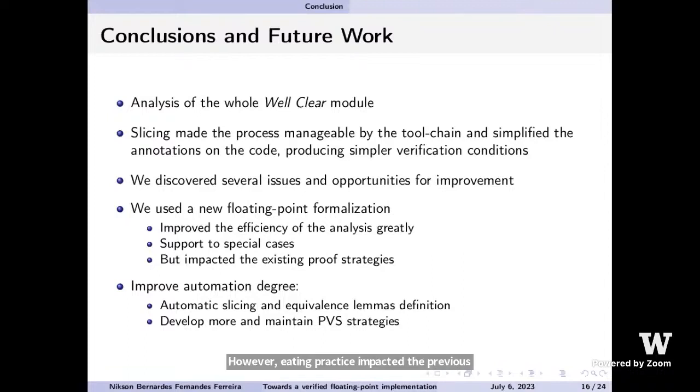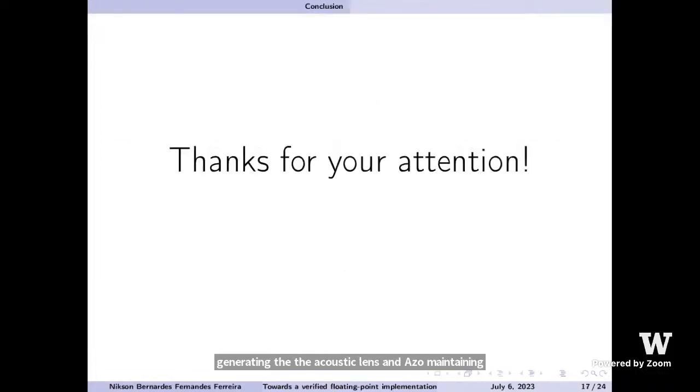So as future work, we aim to improve the automation degree of our approach, automatically slicing with user hints and generating the equivalence lemmas, and also maintaining and generating more PVS strategies. So thank you very much.